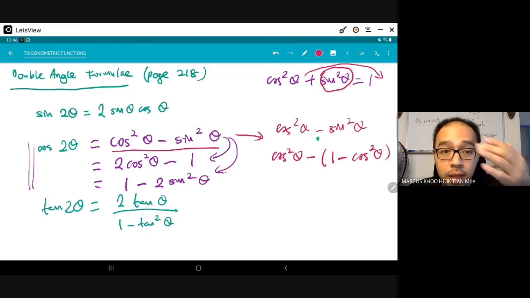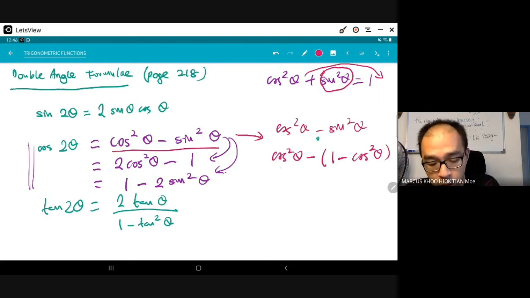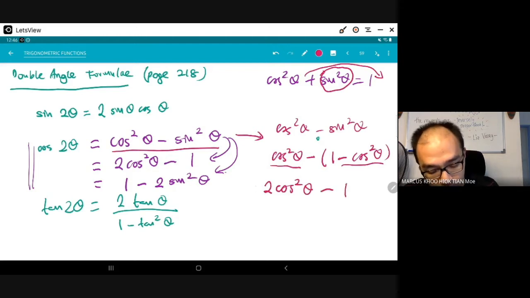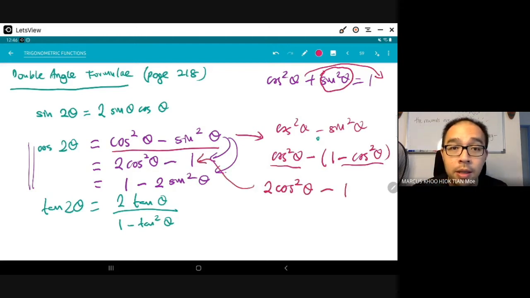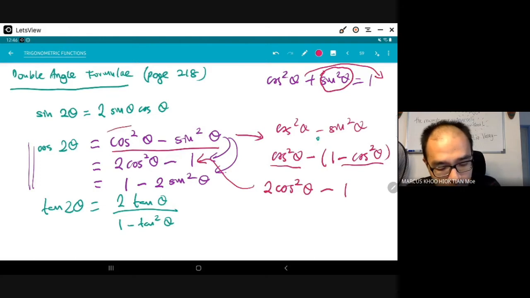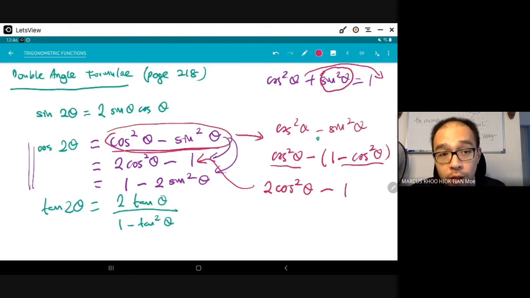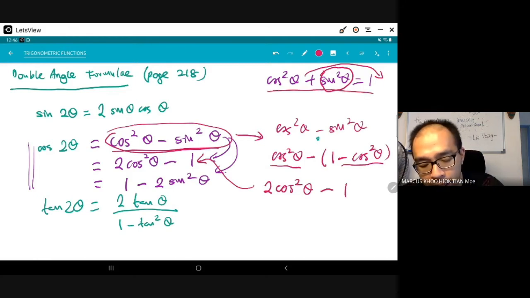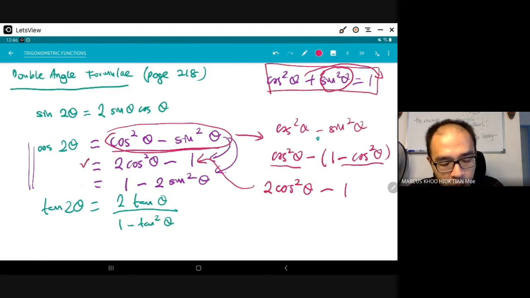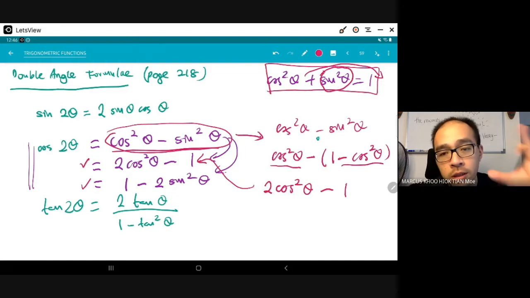Then I use the identity and prove it. Minus and minus become plus, so it will become 2 cos squared theta minus 1, which is this formula. So basically, this is the basic cos 2 theta formula, but from there we can derive the second and the third using the basic identities. Generally, we just give all 3 in one go.